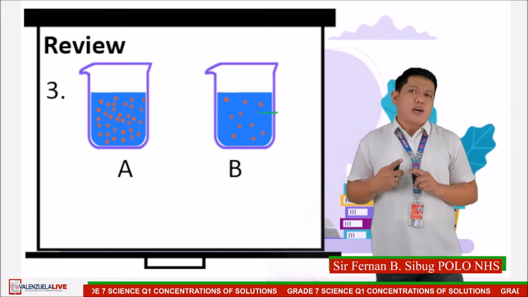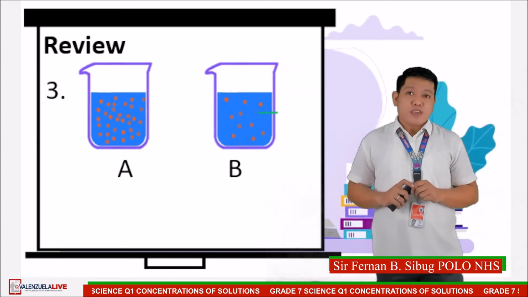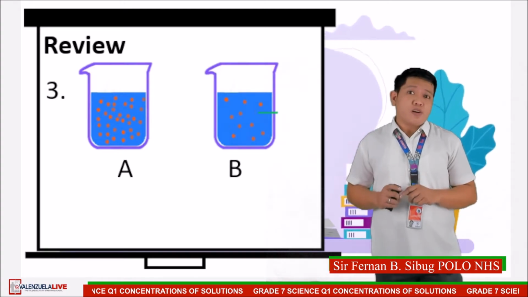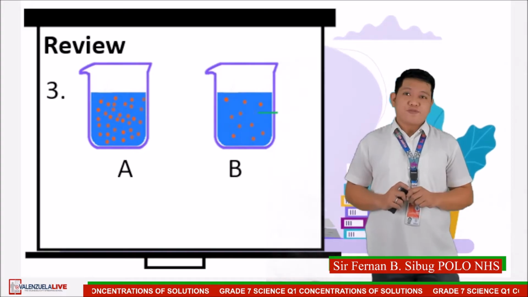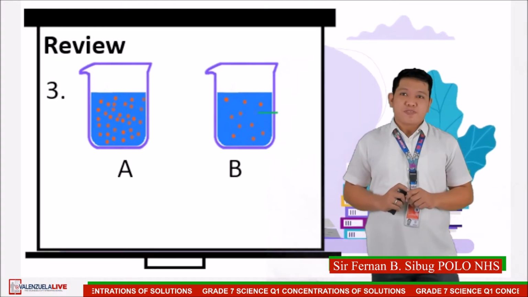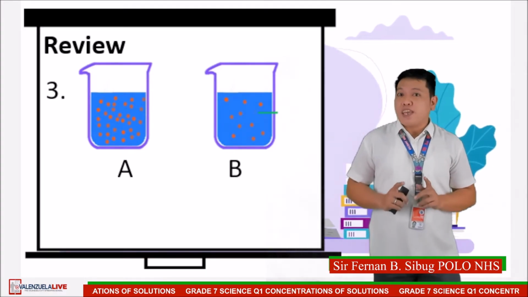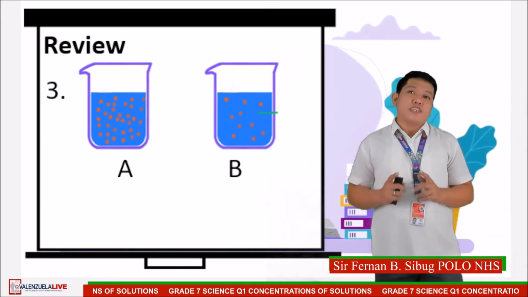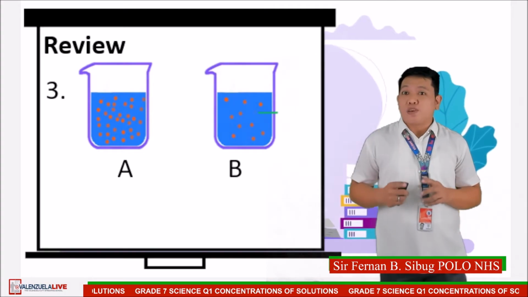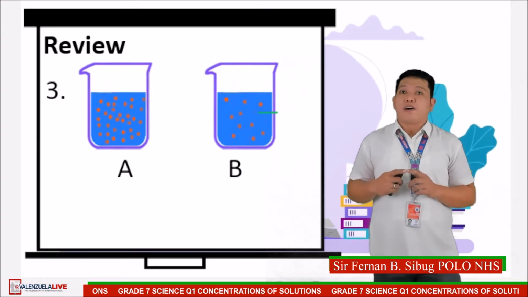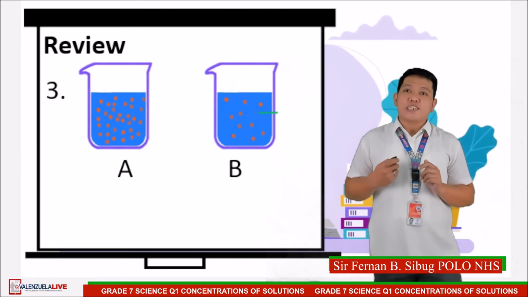How will you classify solution A? Is it concentrated or dilute? Correct. Solution A is an example of a concentrated solution because there is a greater amount of solute dissolved in the given amount of solvent. Here's the last one.